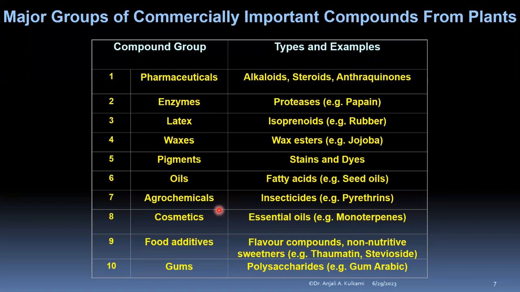So it's not only lab related research, but it has to be translated at a commercial level. As you can see over here, I'm not going to read the entire thing, but you have so many categories wherein we have so many examples where people have already standardized the production mechanisms.